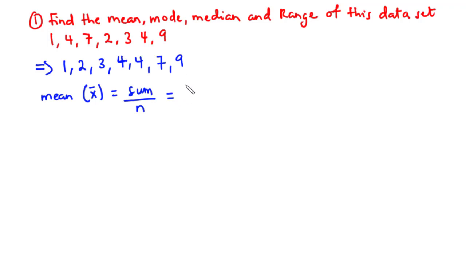So that's going to be 1 plus 2 plus 3 plus 4 plus 4 plus 7 plus 9 divided by the number of values, that is 1, 2, 3, 4, 5, 6, 7. So we have 7 values. So divided by 7.